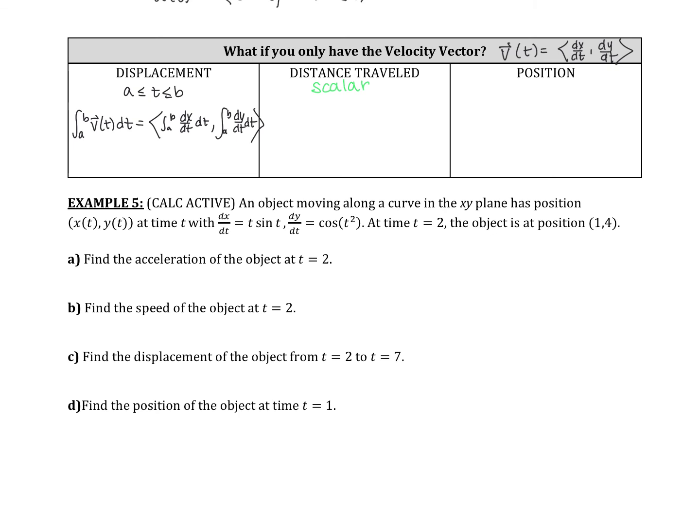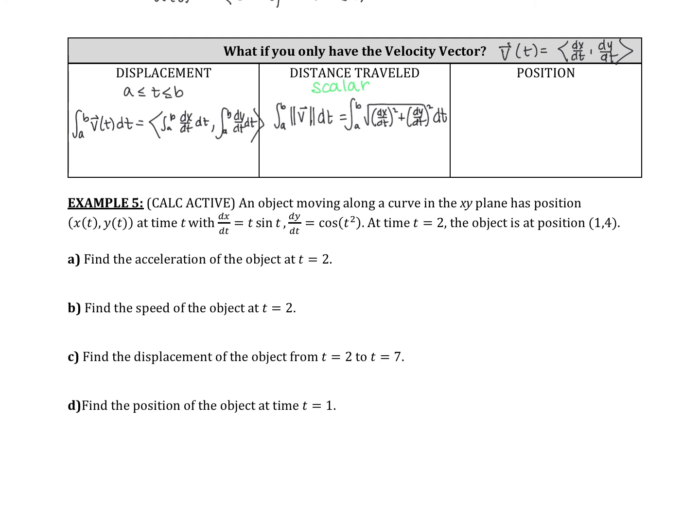Now, the way I find distance traveled is I take the integral, the sum, from a to b of all of the magnitudes of v. Let's rewrite that. I have the integral from a to b, and we said the magnitude of v is the square root of dx dt squared plus dy dt squared, dt.